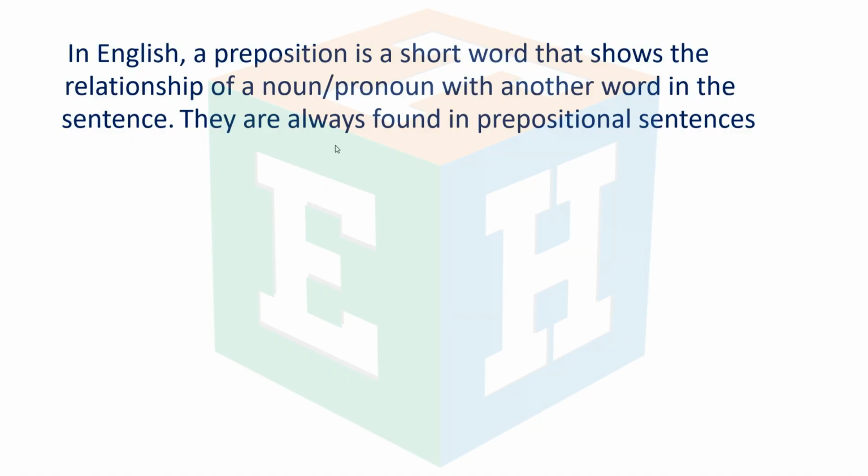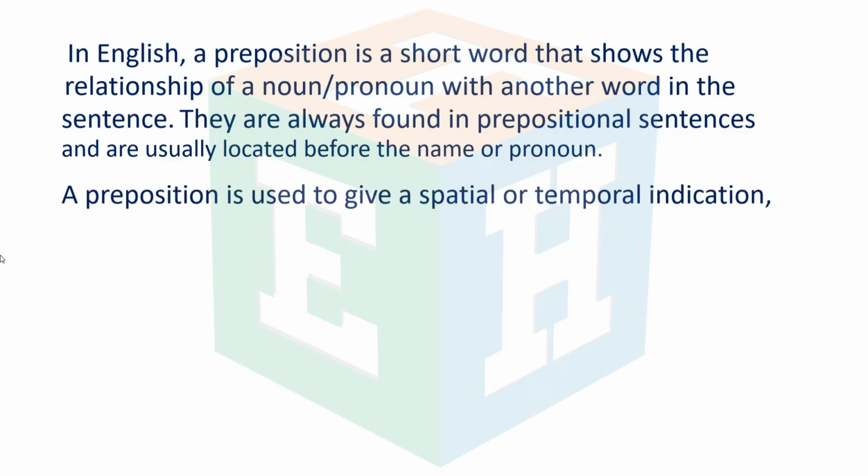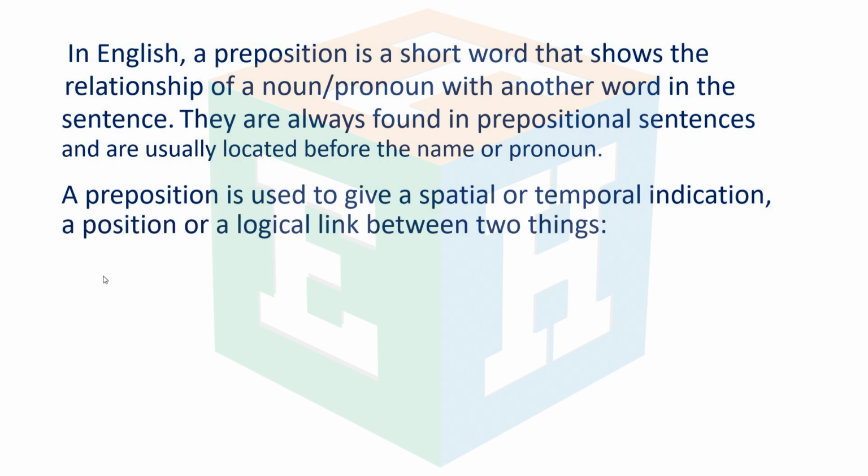They are always found in prepositional sentences and are usually located before the noun or pronoun. A preposition is used to give a spatial or temporal indication, a position or a logical link between two things.